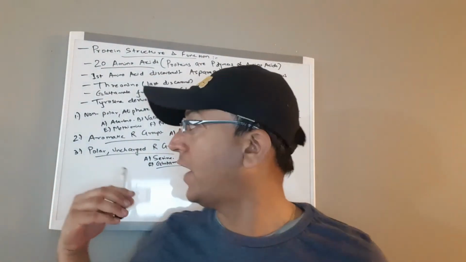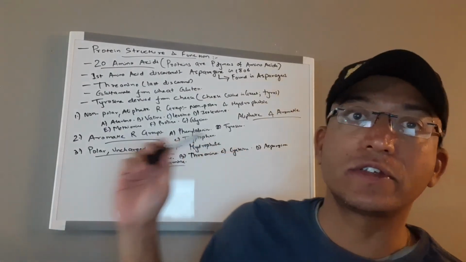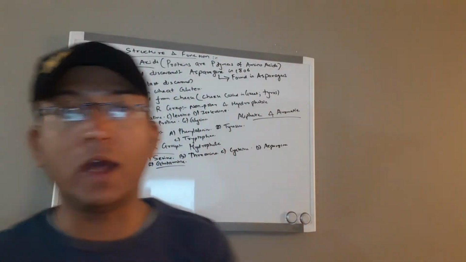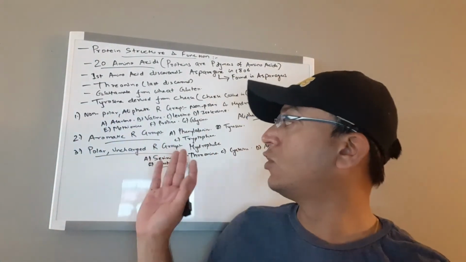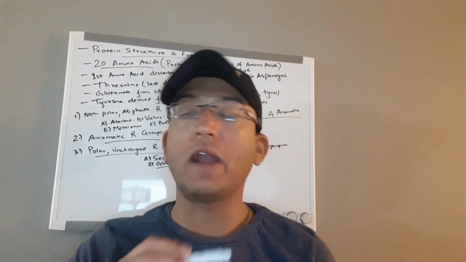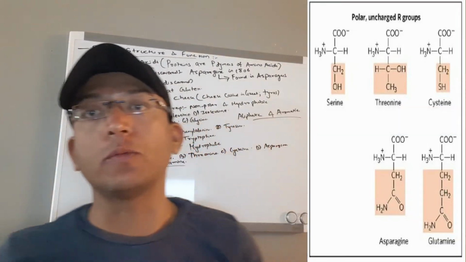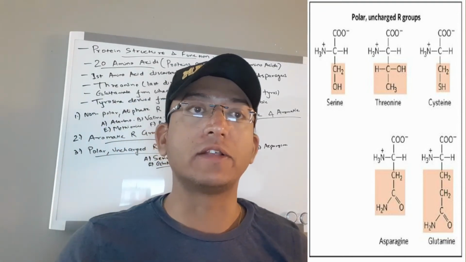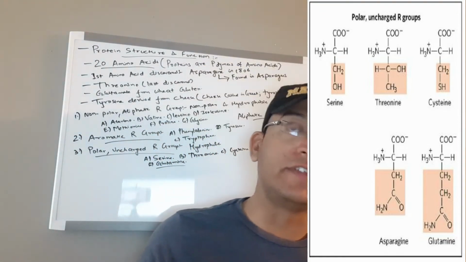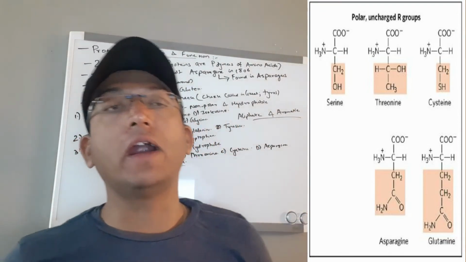So this contains 5 amino acids: serine, threonine, cysteine, asparagine, and glutamine. As these are polar groups, the polarity of serine and threonine is contributed by the hydroxyl group, as you can see in the image, and that of asparagine and glutamine by their amide group.